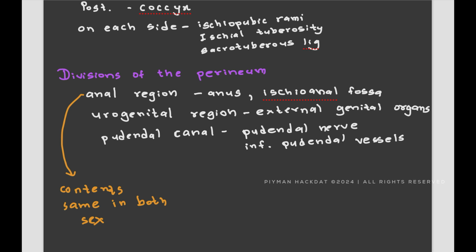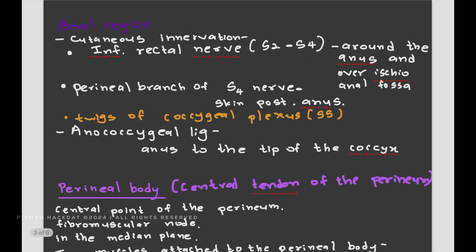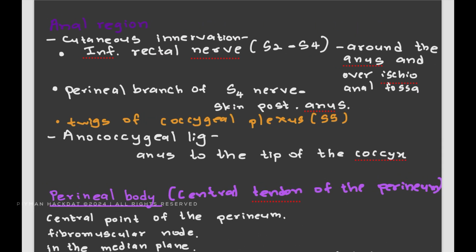In the urogenital region you can see external genital organs, the pudendal canal and pudendal nerve. In the pudendal canal you can see the pudendal nerve and internal pudendal vessels. So now let's talk about the anal region more.